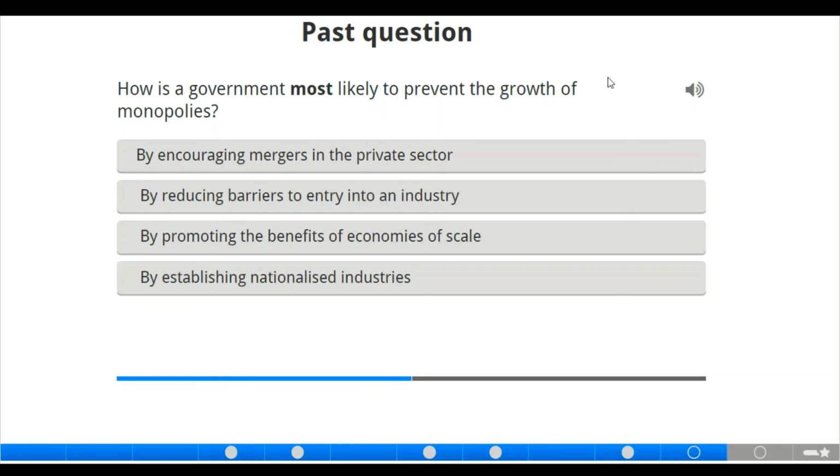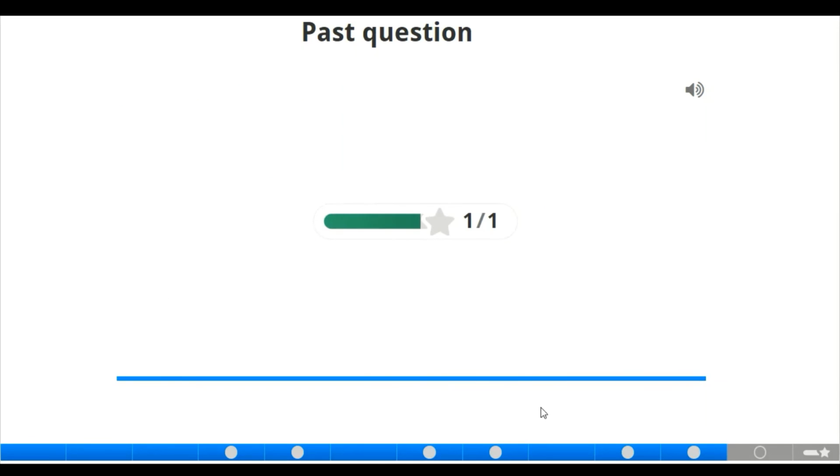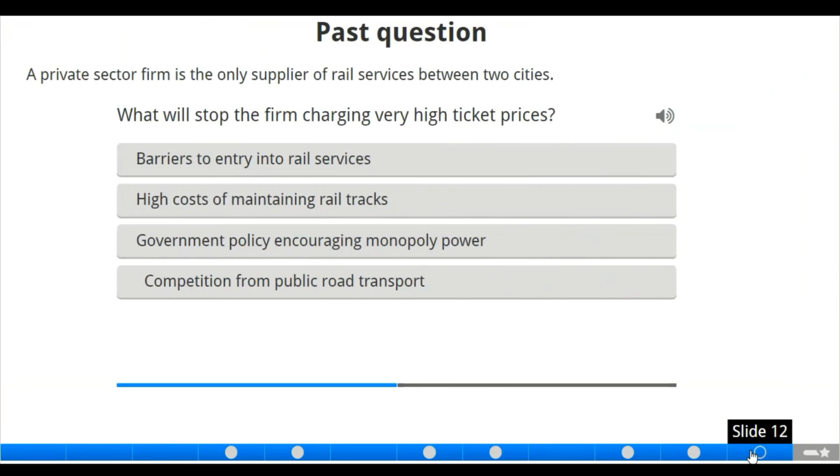Do you remember that? Now, by reducing barriers to entry into an industry, by promoting the benefit of economies of scale, or by establishing nationalized industry. Of course, government can prevent the growth of monopolies by reducing barriers to entry into an industry. We move to the next slide.